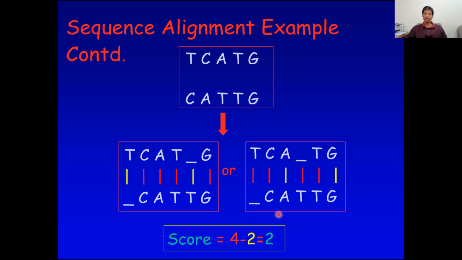So that is how pairwise alignment can be done, by giving a score to the alignment of the two sequences and finding the best alignment. So this is not the best alignment. Either this or this is the best alignment, giving the best score.